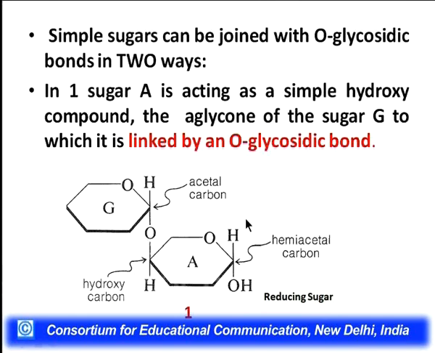So when we dissolve this particular disaccharide in water, it will undergo mutarotation. That is, it will convert itself into the open chain structure, and hence it is a reducing sugar. When it forms the open chain structure, the aldehydic group is free, and since the aldehydic group is free, it will act as a reducing agent. That is, it can react with Tollens' reagent and Fehling's and Benedict's solution.